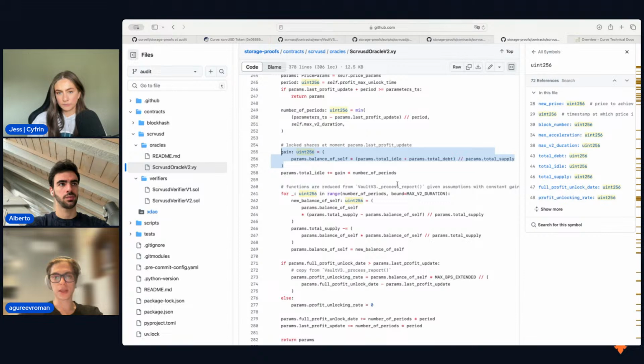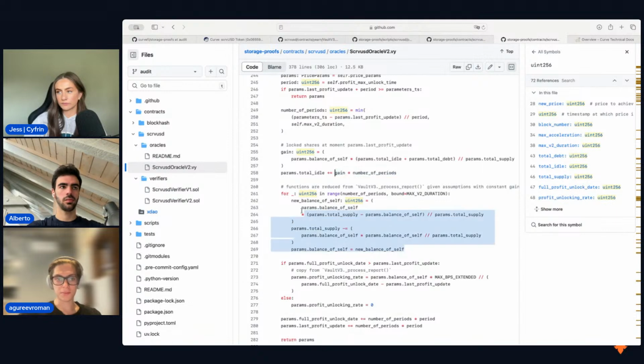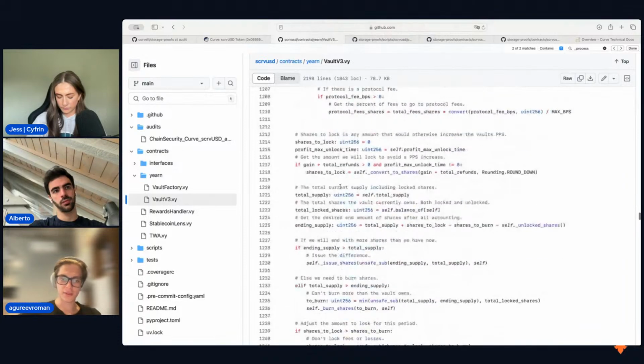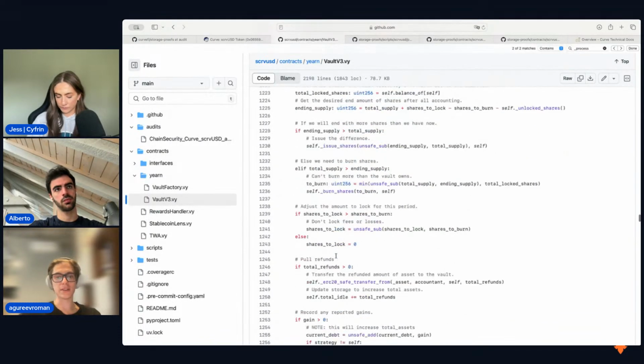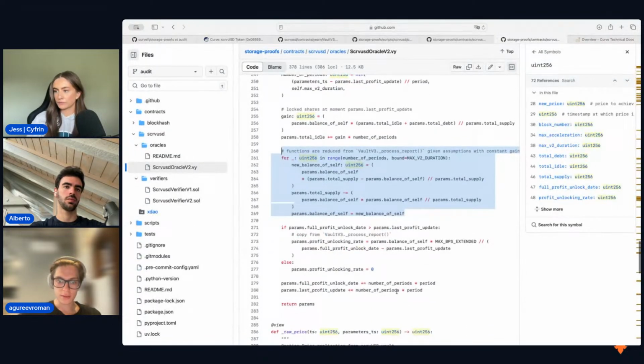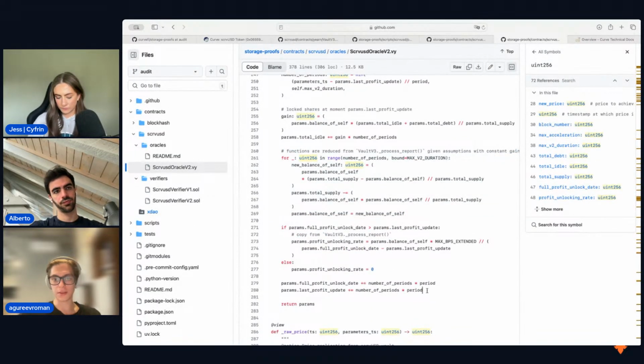Here we get the gain, then we add for the number of periods that went through for the time. And then these are magic formulas that I couldn't write down how I got them, because it is actually reduced from this function process report, just following every step with these assumptions. And then the updating is a copy-paste from here, copied from process report one-to-one.